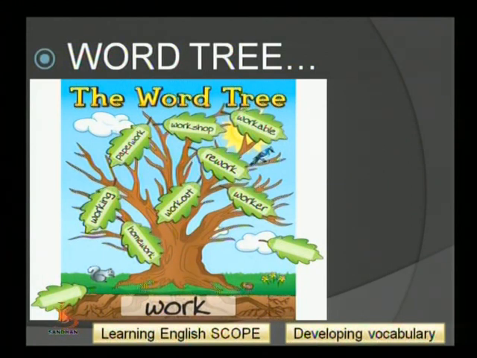So in our leisure time, we can sit and develop such trees. Here the example is given of work, but we can put airport over here, and we can have a variety of words. We can have a situation like jungle, and we can have a variety of words. So this is how we can develop our vocabulary.